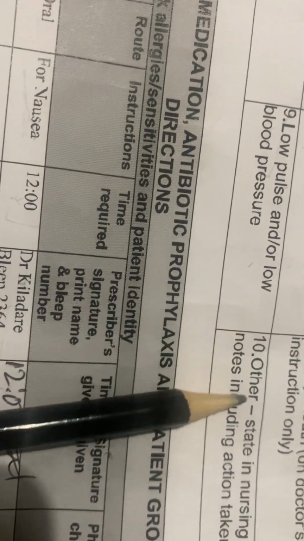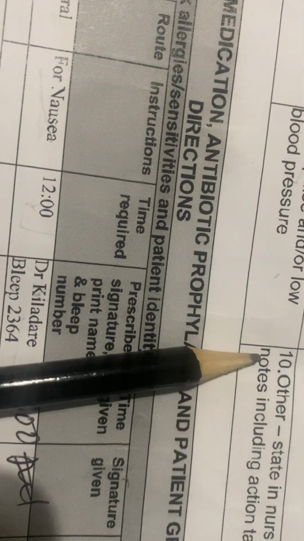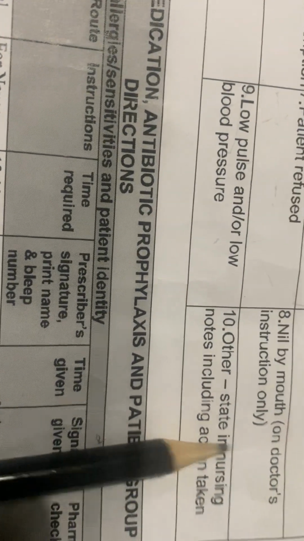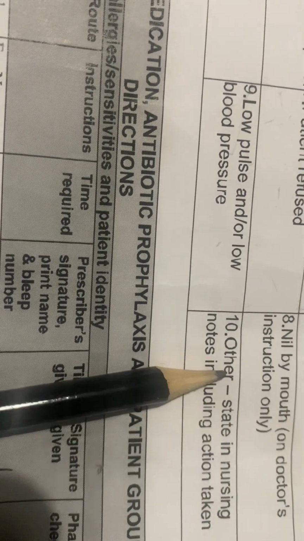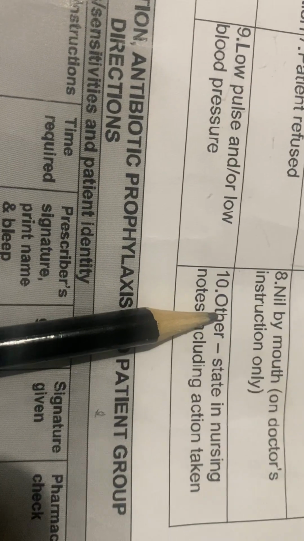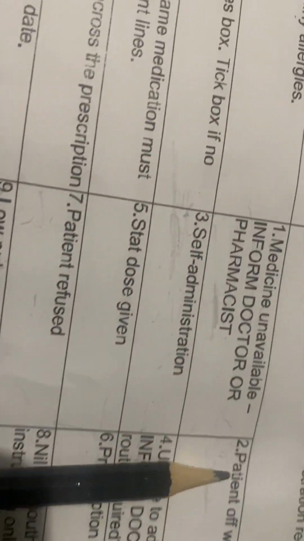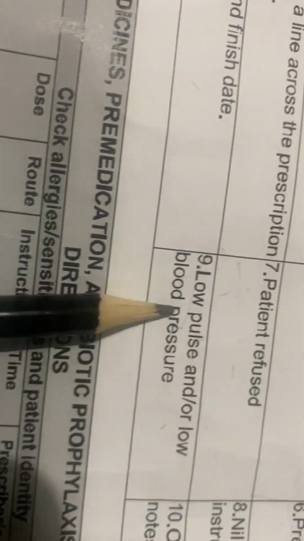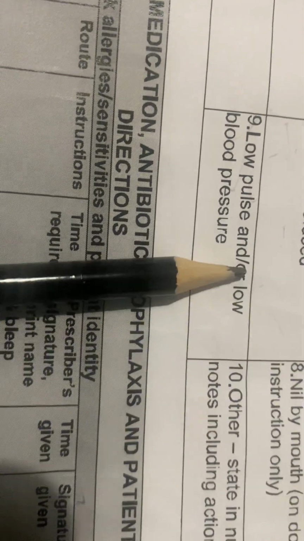They said others, state in the nursing notes, including the action taken. Yes, this particular one is used. You are going to use code 10 when all of this, code 1, code 2, code 3, code 4, code 5, code 6, code 7, code 8, code 9, is not inside this book.